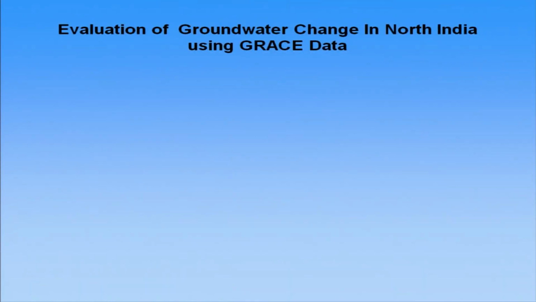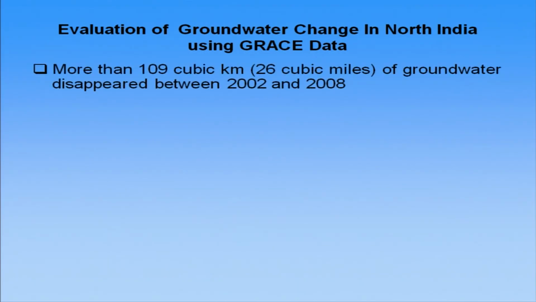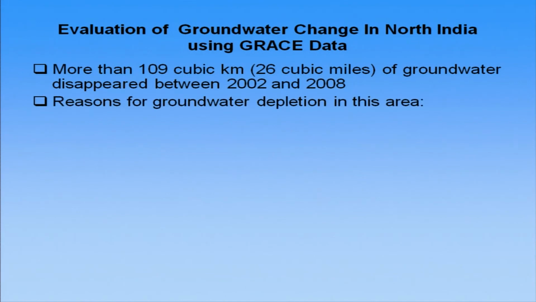Evolution of the groundwater change in India using the GRACE satellite: more than 109 cubic kilometers of groundwater disappeared between 2002 and 2008. So between 2002 and 2008, more than 100, or 110, cubic kilometers of groundwater disappeared.